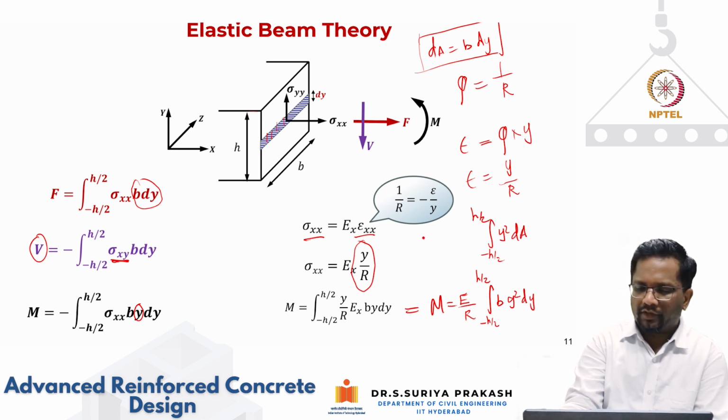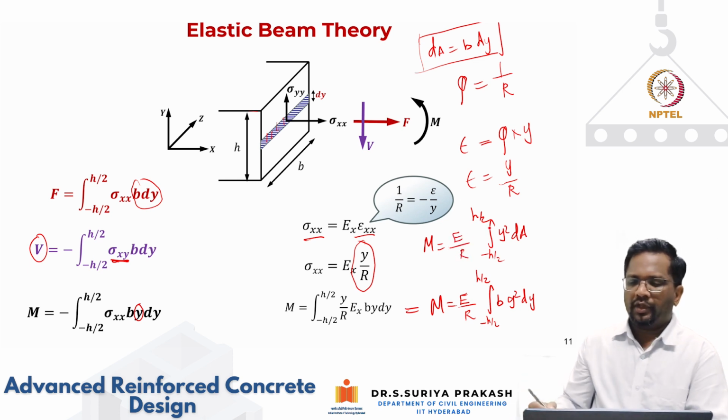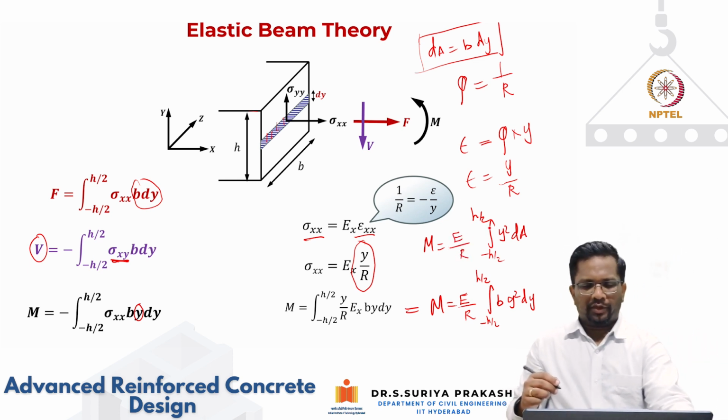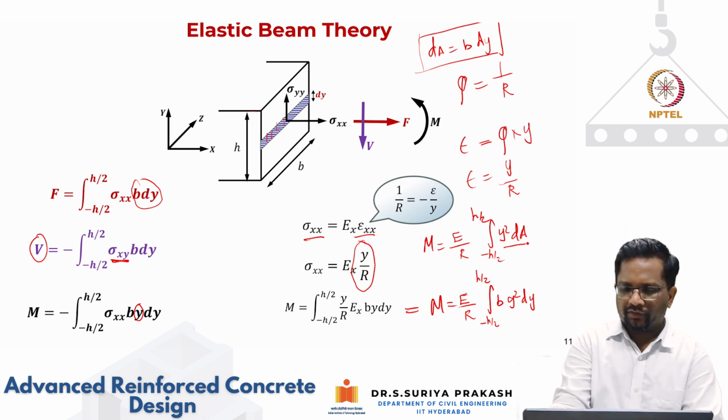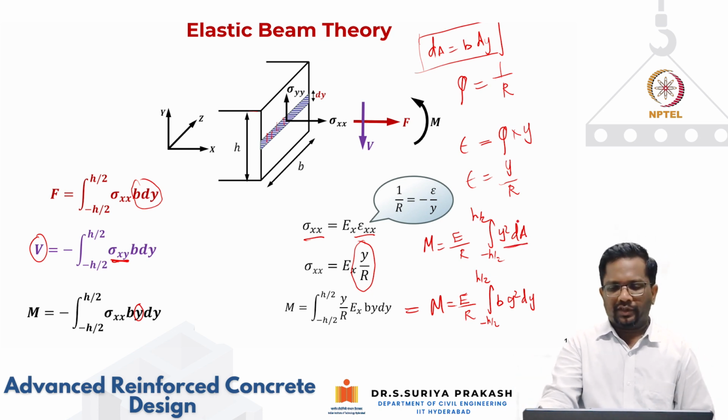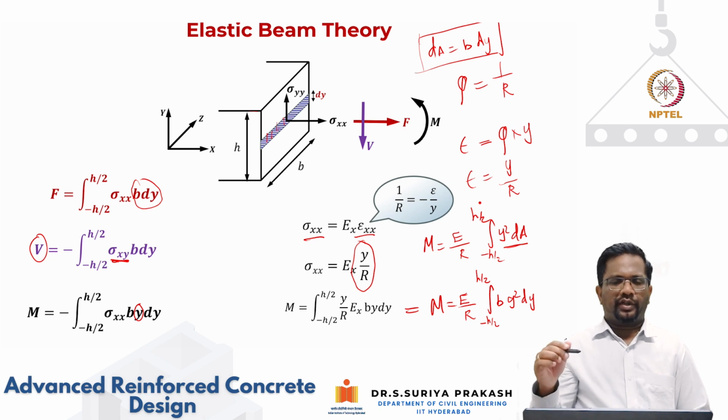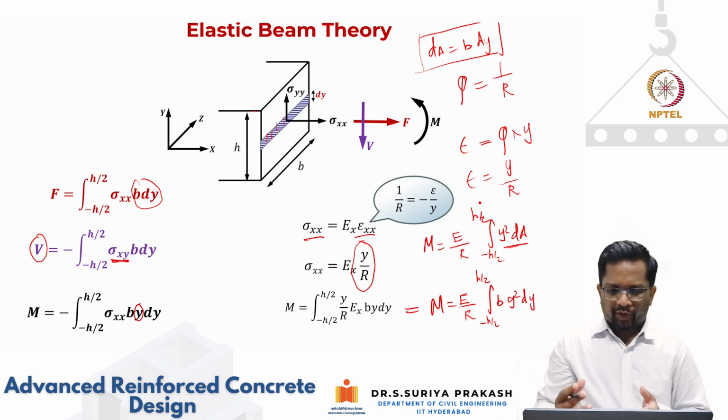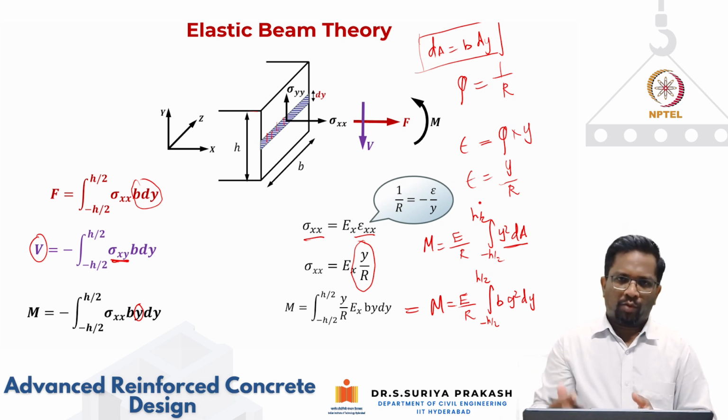Which is nothing but your moment M equals E by r times the integration from minus h by 2 to plus h by 2 of y square dA. From your strength of materials, we know that the integration of y square dA is nothing but your sectional property, that is, the moment of inertia.